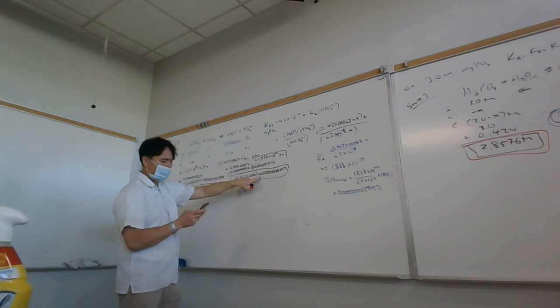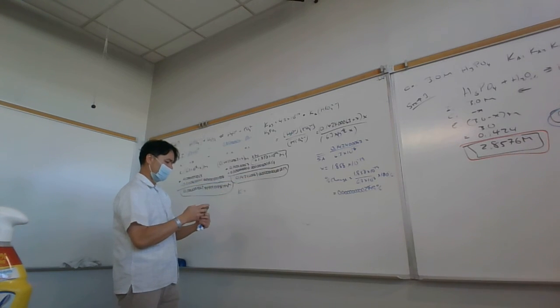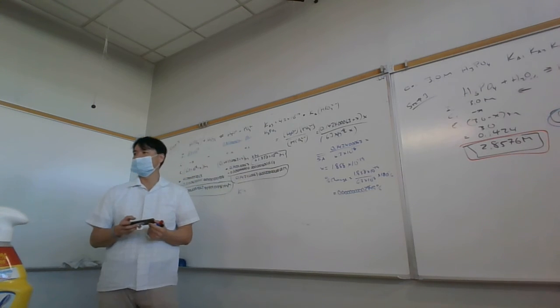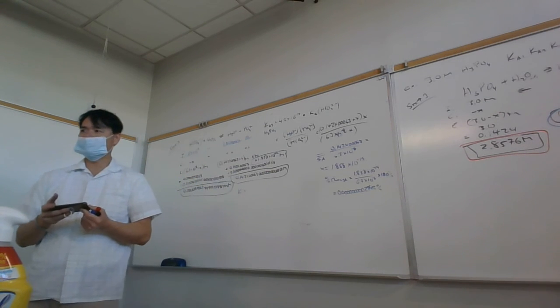The 9 zeros, 1, 2, 3, 4, 5, 6, 7, 8, 9. Oh, you know, I hit the limit of my calculator. What about you? Can you get that many digits in your calculator?